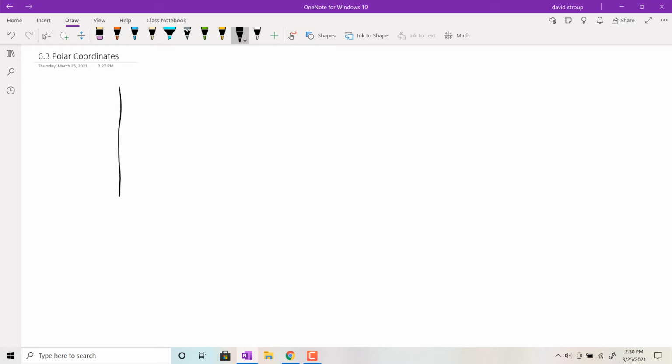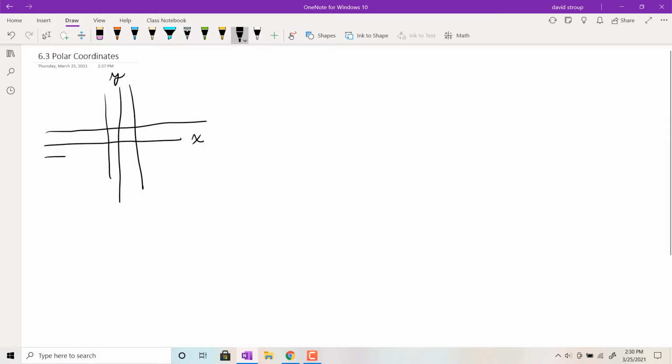So basically you're used to using graph paper that looks like little boxes. If this is the x-axis and this is the y-axis, you can move around here, so here's the origin. To plot the point (1, 2), how would you do that?